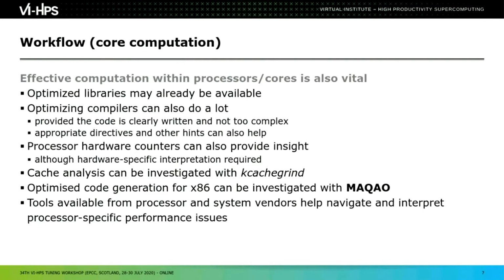Most of the time the compiler is our best ally, but you need to know how to properly help it optimize your code, and you may want to make sure that the hardware capabilities of the machine are being used to their full extent. So for that type of question, you can use, for instance, MAQAO, and there are some specialized tools that can help you in this.